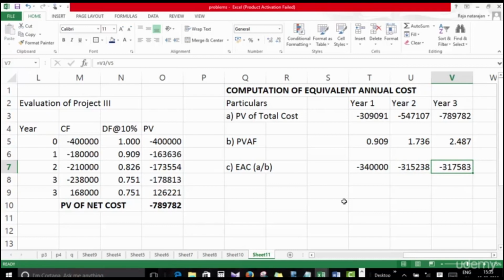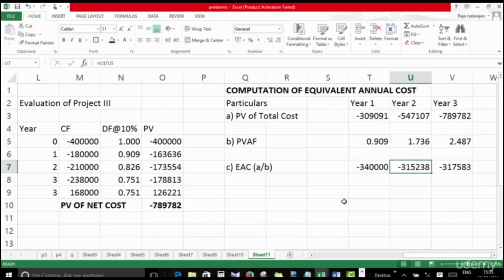So now by looking at this, you will understand that if you are going to sell the asset at the end of year one, that is, if you're going to sell the car, the taxi at the end of year one, it means every year you have to spend 3,40,000. That's the inference. It is as good as spending 3,40,000 in present value terms every year.